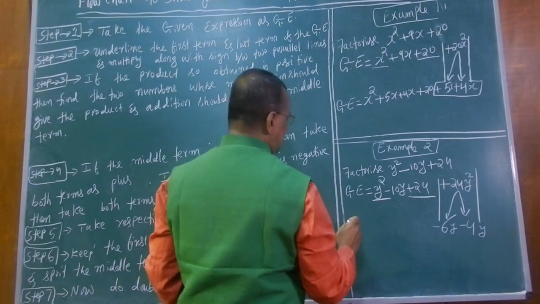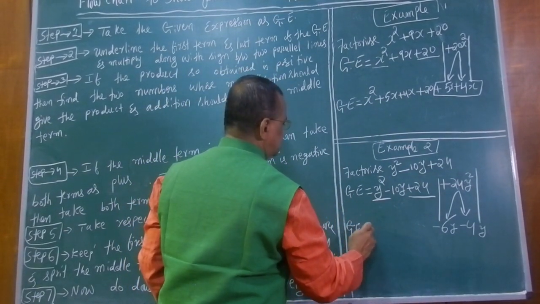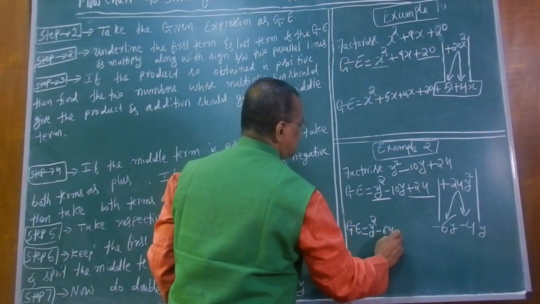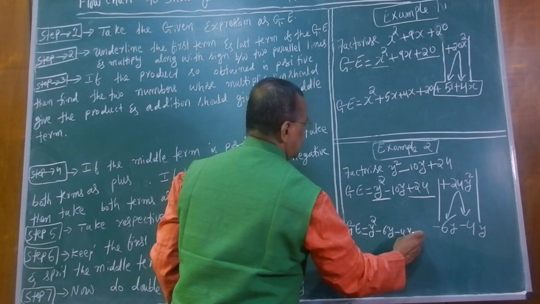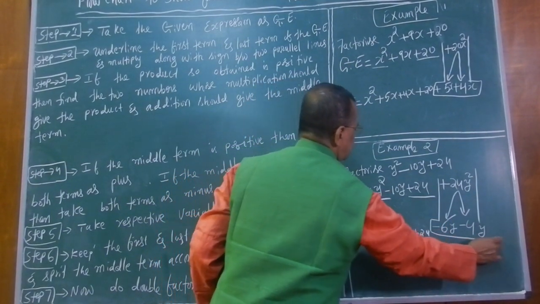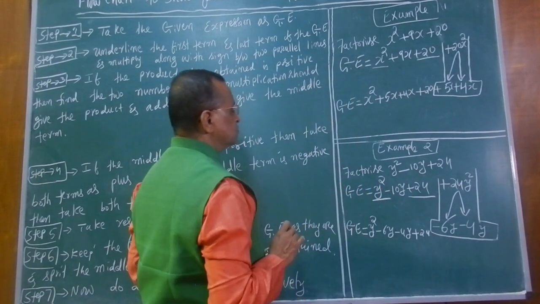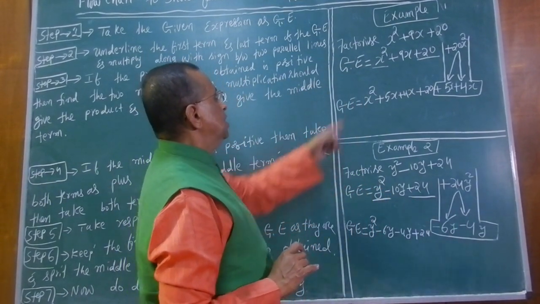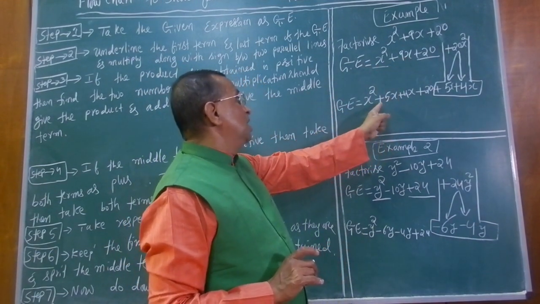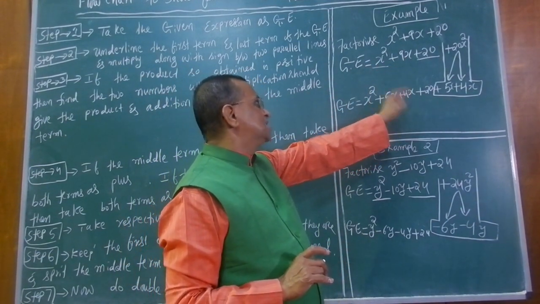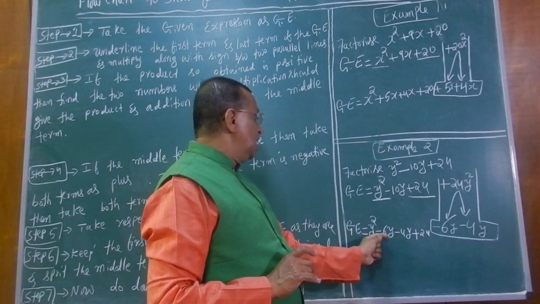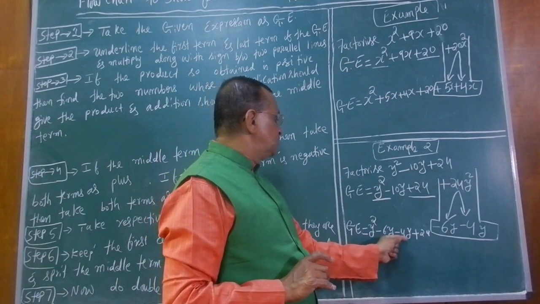In the second case, take the given expression, keep the first term as it is, split the middle term into minus 6y minus 4y, and keep the last term, plus 24, as it is. So in the place of plus 9x, we have written plus 5x and plus 4x. In the place of minus 10y, we have written minus 6y minus 4y.